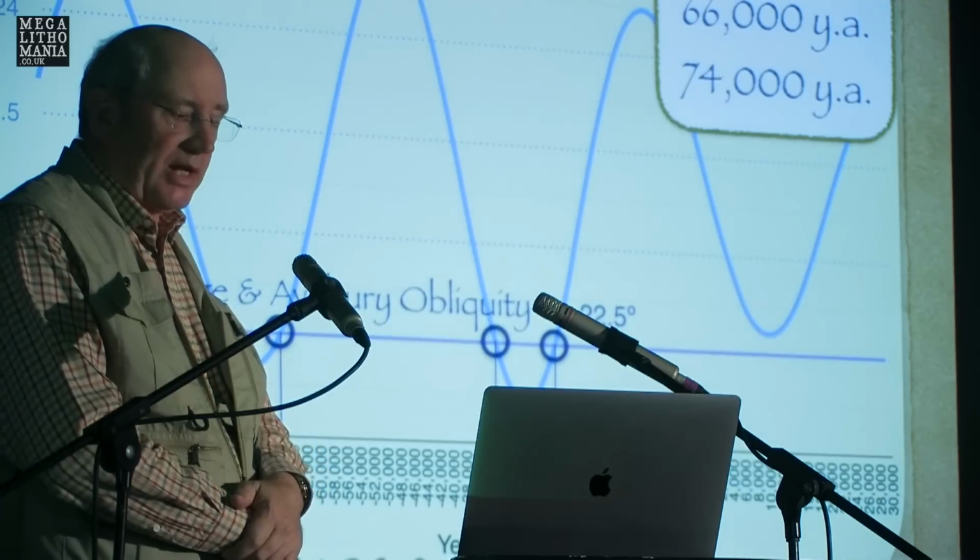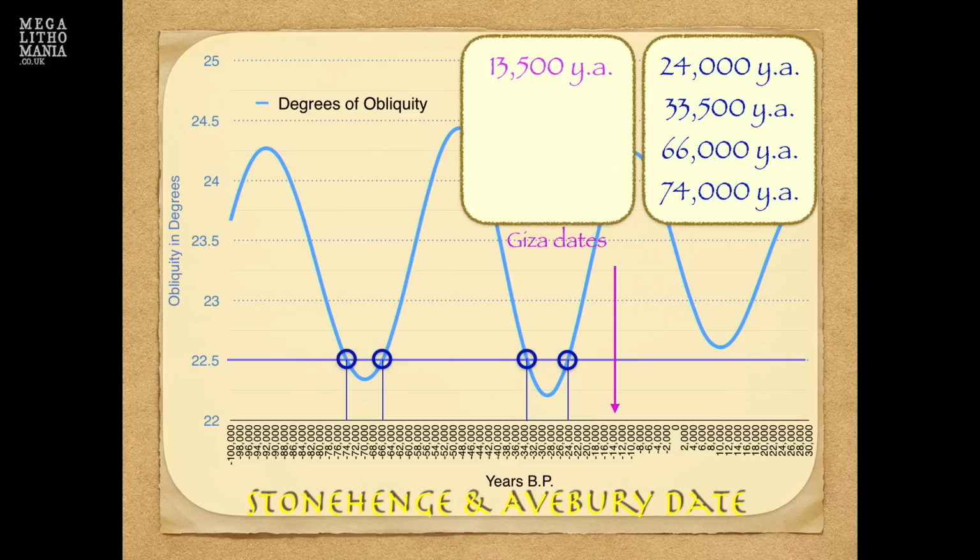And of course at Giza we ended up with a date of, let's put the Giza date on there, 13,500 years ago, which is not the same. So a little bit disappointing that we don't find the same sort of date, but there you go. That's the data as it's presented to us.